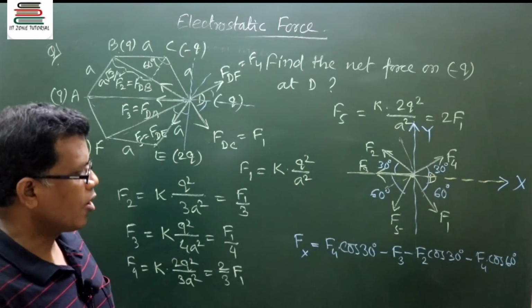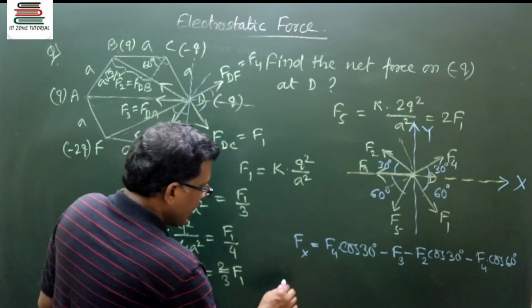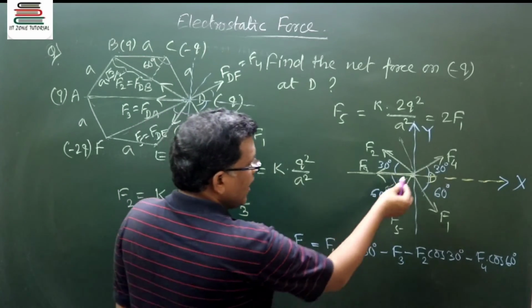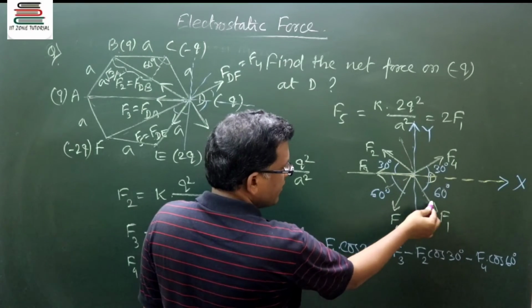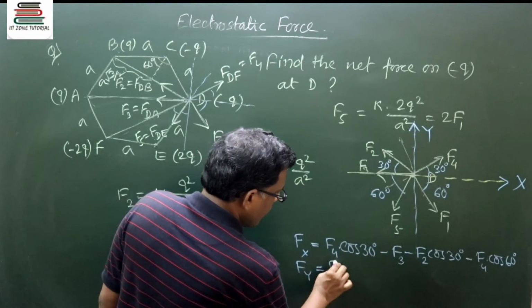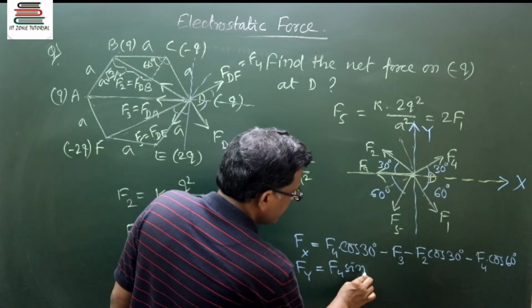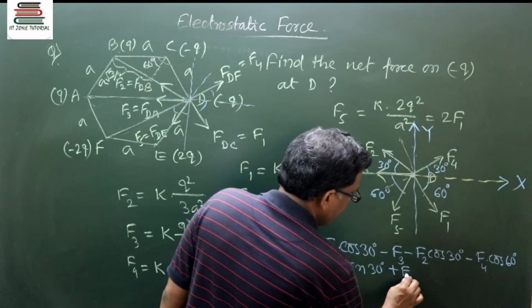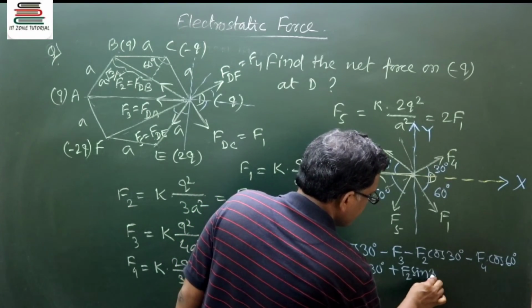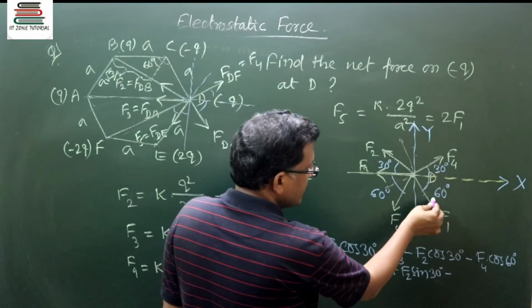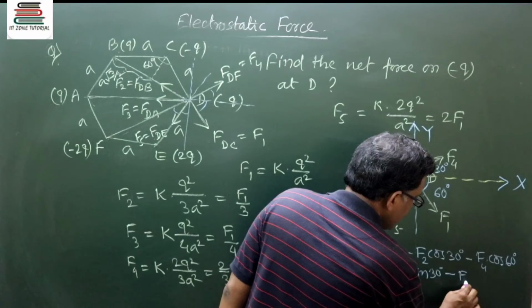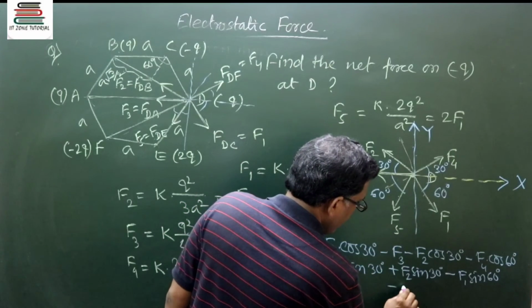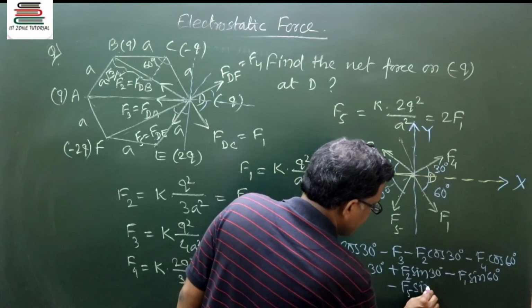Similarly Fy, the forces on the y axis: two positive y components, one will be F4 sin 30, plus F2 sin 30, minus F1 sin 60, and minus F5 sin 60.